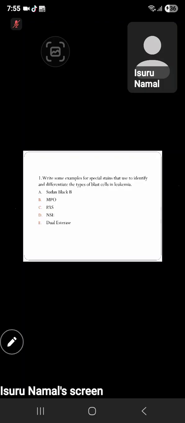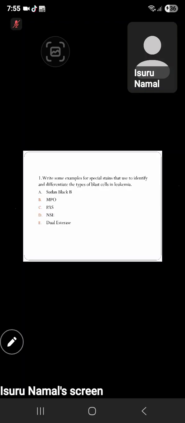Therefore, parallelly, you have to do Sudan black stain as well as the PAS stain for the same case. If your bone marrow has lymphoblasts, your PAS stain will become positive, right? There are some characteristic features you should identify in your PAS stain technique, right? We call it block positivity. I will show you with the next slides, right?